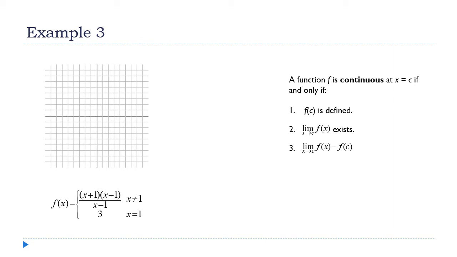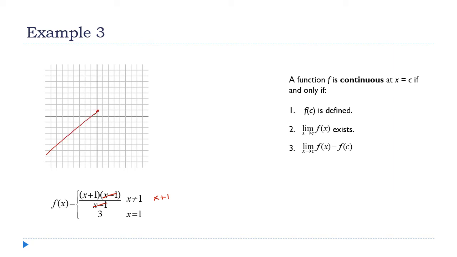Okay, so how about this thing? Again, it's informative to graph it. Notice how these x minus 1s cancel out. So when x is not equal to 1, the function is the same as x plus 1. It's got a y-intercept of 1 and a slope of 1, so it's going to go like this.